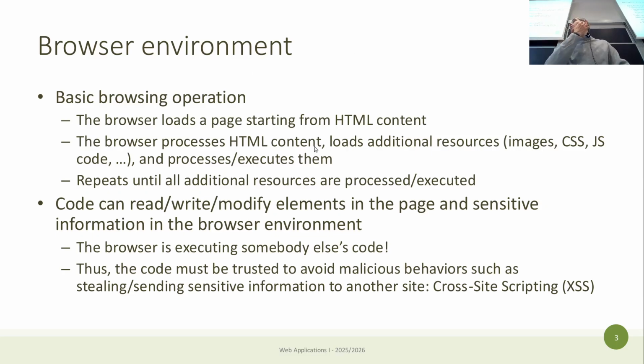While parsing the HTML, it happens that it encounters references to other resources. We already saw some of them, like CSS. CSS is a link inside the head part of the HTML. And so it sees the link and goes to the web server or whatever place is specified in the link, and asks for an additional resource to be interpreted, in this case as CSS, but it could be, for instance, JavaScript code, right?